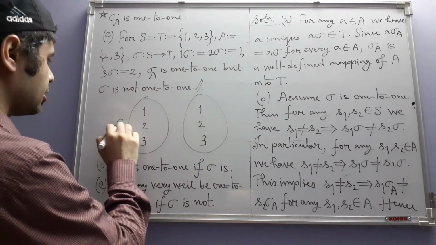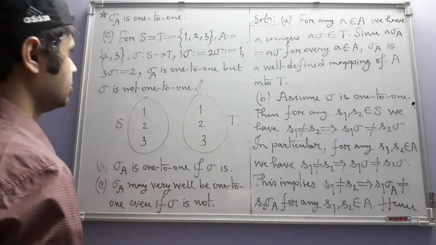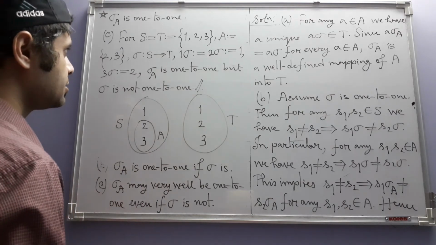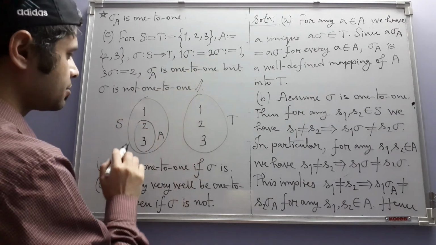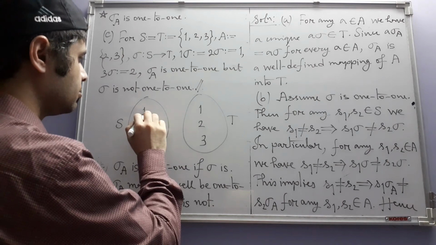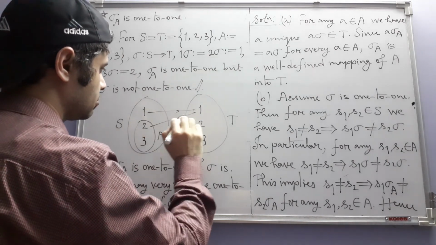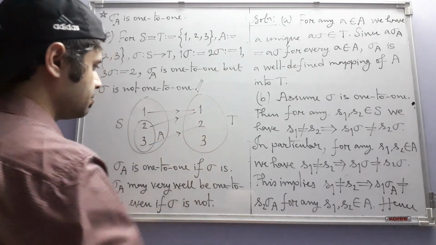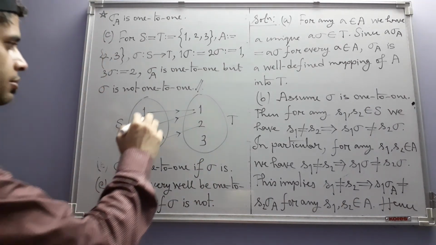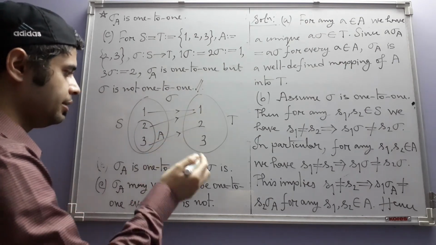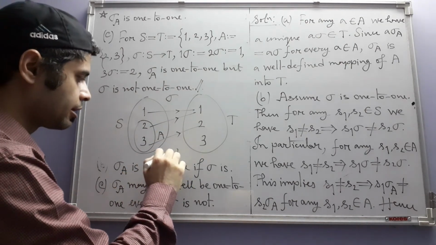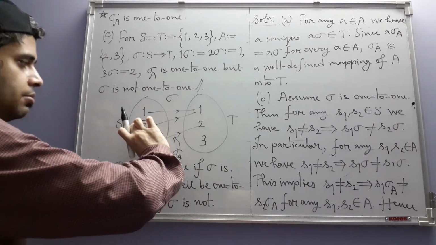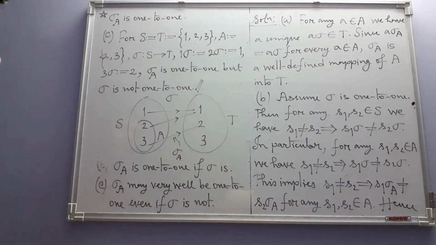So this is our S and this is our T and this is A. And what is sigma? Sigma maps both 1 and 2 onto 1, and it maps 3 onto 2. So you can see that this is sigma and the inner one is sigma A. You can understand this mapping, which is like this.